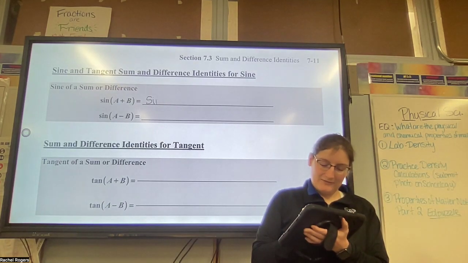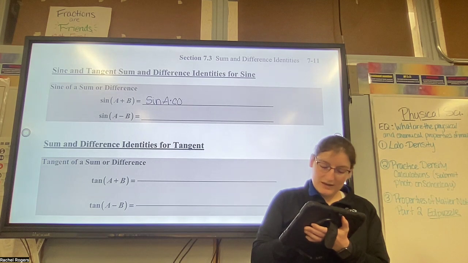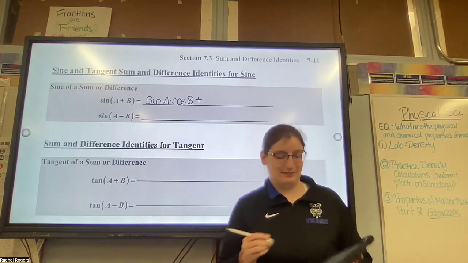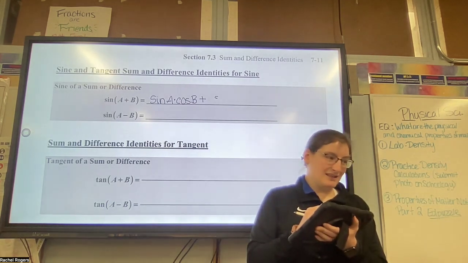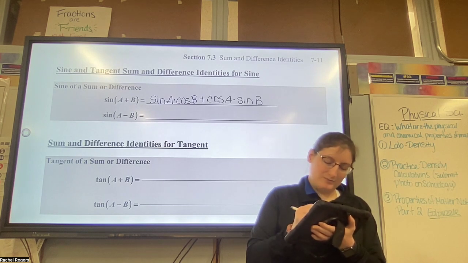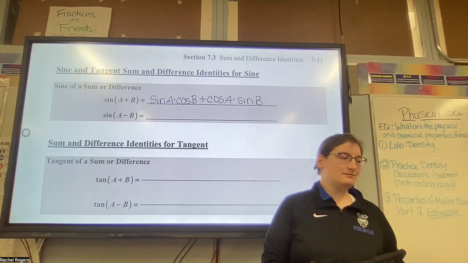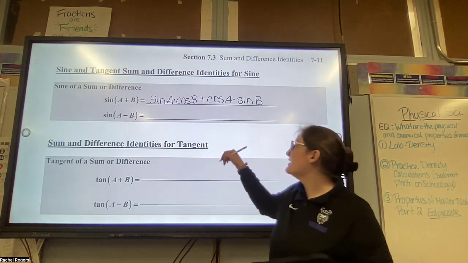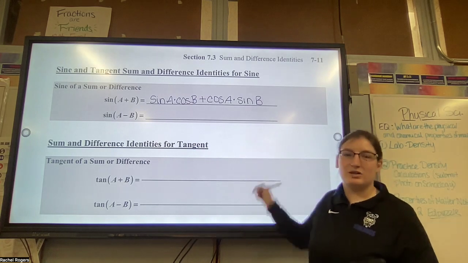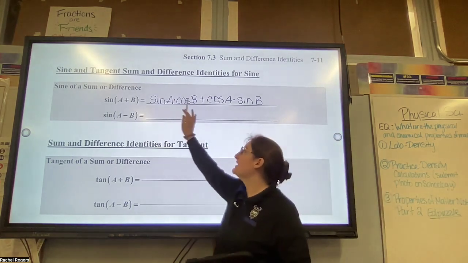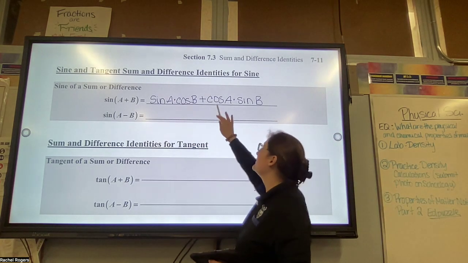It is sine of A times cosine of B plus cosine of A times the sine of B. Okay, so sine A cosine B plus cosine A sine B. So it's AB, but instead of cosine, cosine, sine, sine, it's sine, cosine, cosine, sine.